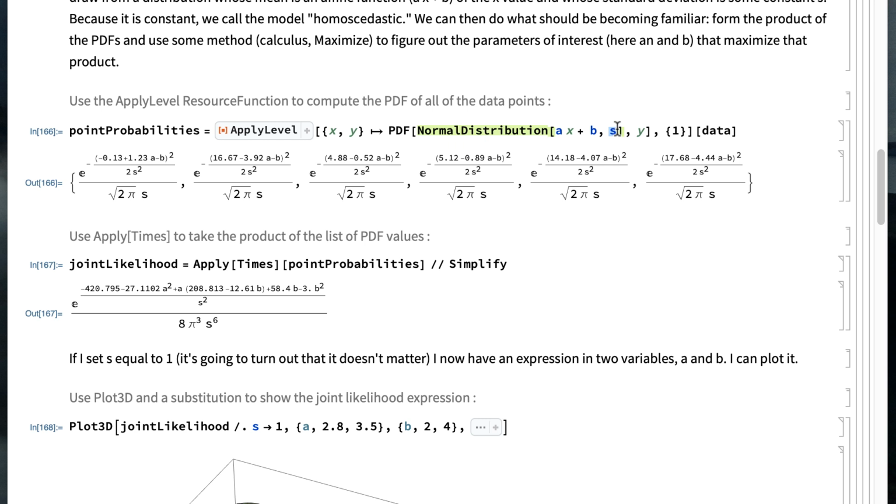The spread of noise doesn't depend on the x value. Now, in many settings that may be true, but there are other settings in which the distribution of noise, for example, might grow as x gets bigger, or it might have some really funky relationship to x.